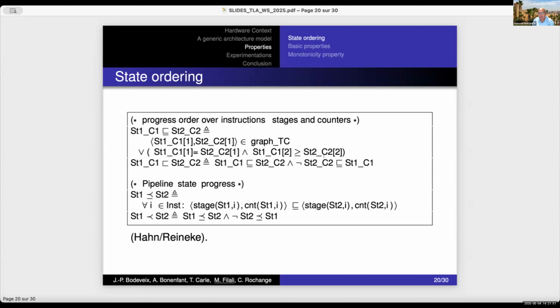And now we state the pipeline state progress. The pipeline state progress is a global predicate about the state of the pipeline.